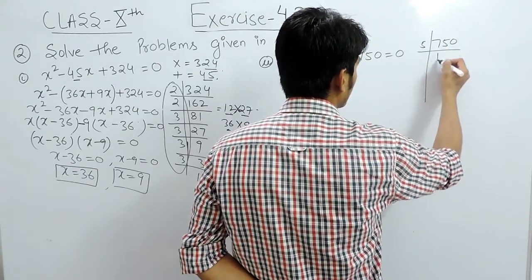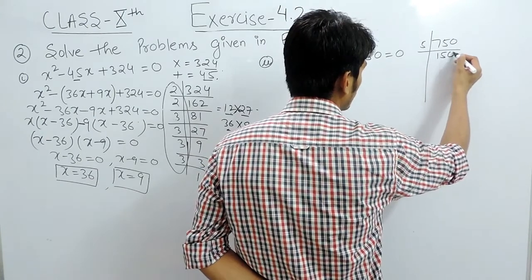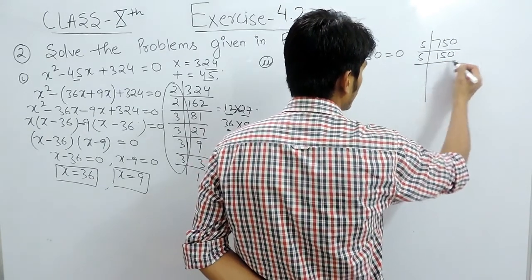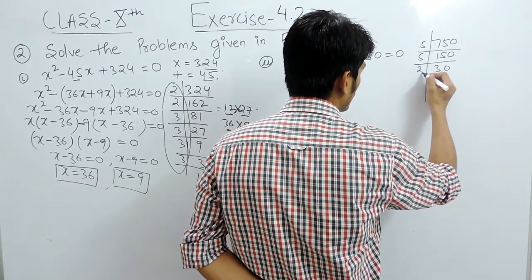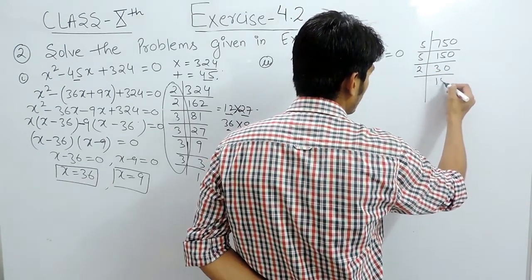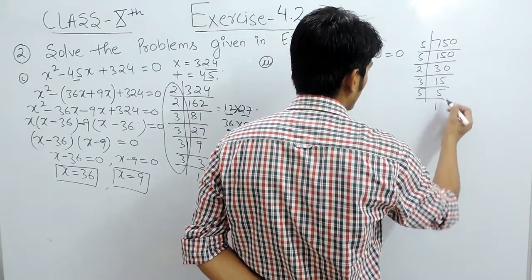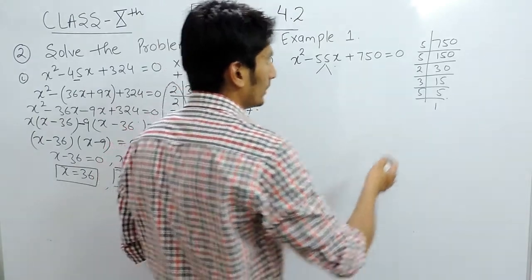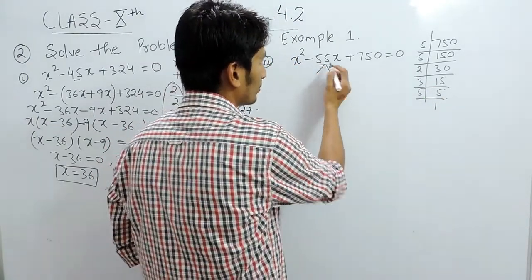So this is 5 into 150, this is 2 and 75, again 5 into 30, and this is 2 into 15, 3 into 5, and 5 into 1. So again you have to check which factors' sum comes out to be 55.